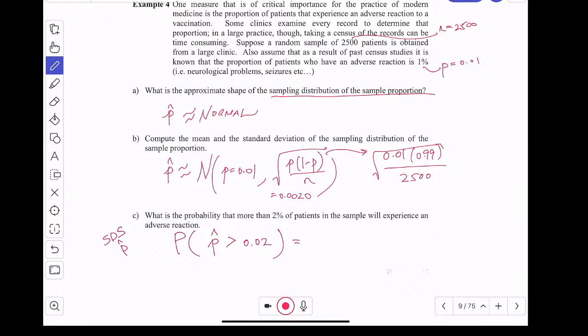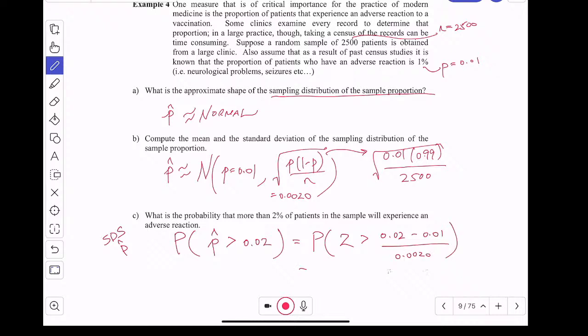So we standardize because we have assumed an approximately normal distribution, so I can use it. So this is P, this turns into a Z, and then I take that over.